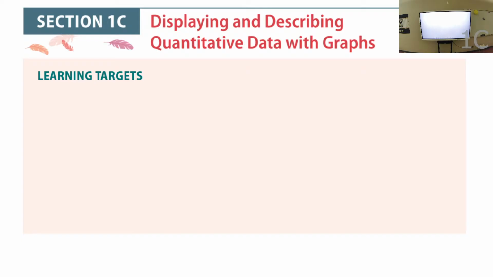Monday is 1D. Tuesday is 1D. We may try to get some of 1E in on Wednesday. Friday is 1E, or finish up and review, and then your test is the next Monday. Just kind of keep all that in perspective.